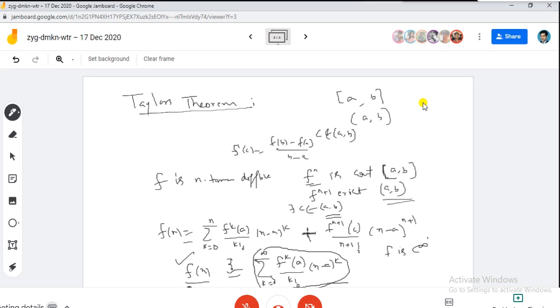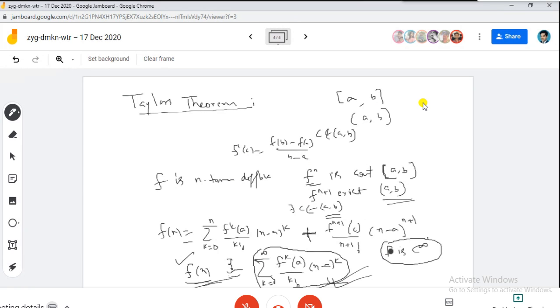You remember that there are examples where f is C infinity, you can write this Taylor series expansion, but this Taylor series expansion does not converge to the function in the neighborhood of the point a. If it converges to the function f(x) in that neighborhood, we say that the function is analytic. Is it okay to everybody?